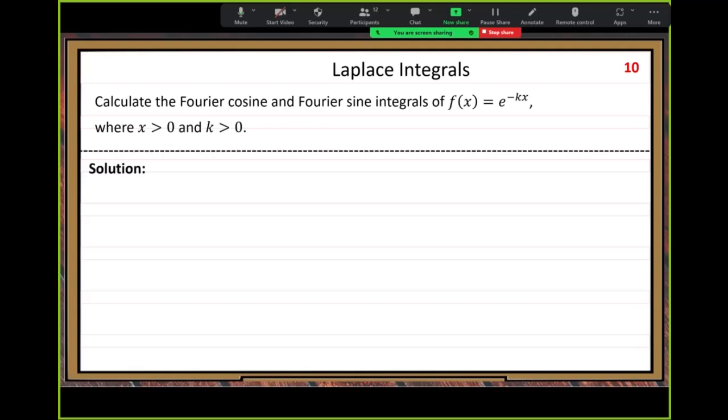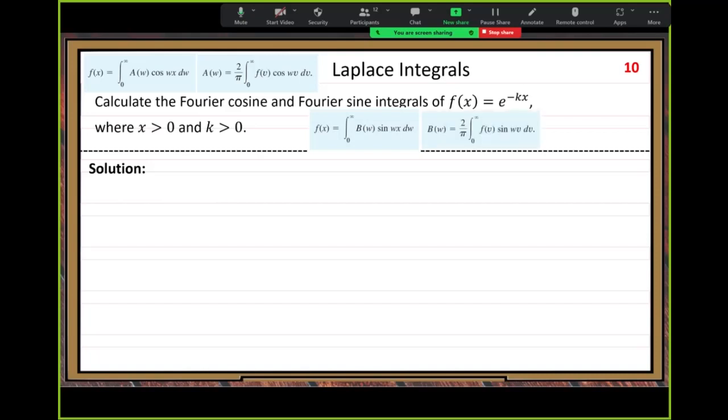To do that, I copy the formulas. In the top left corner is the Fourier cosine integral. Then I copy here the two formulas for the Fourier sine integral, so we can do the calculation.